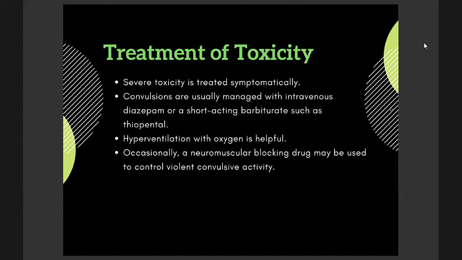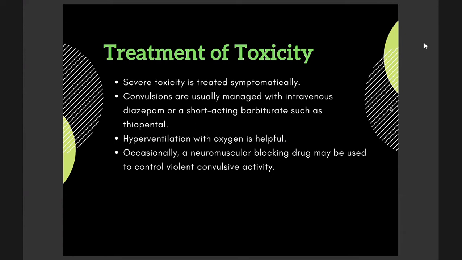This is the best management: to prevent the occurrence rather than to treat it when it is already there, by preventing the occurrence of toxic plasma levels. So be aware to use the minimum effective dose for a specific regional anesthetic technique.